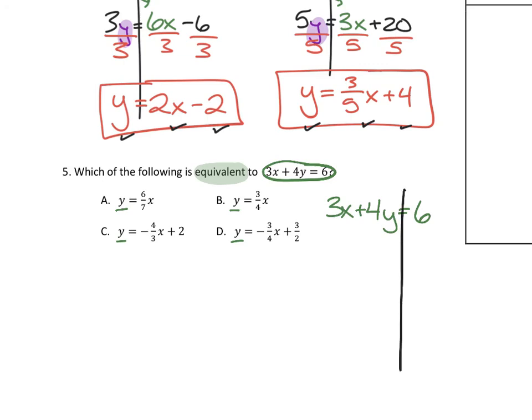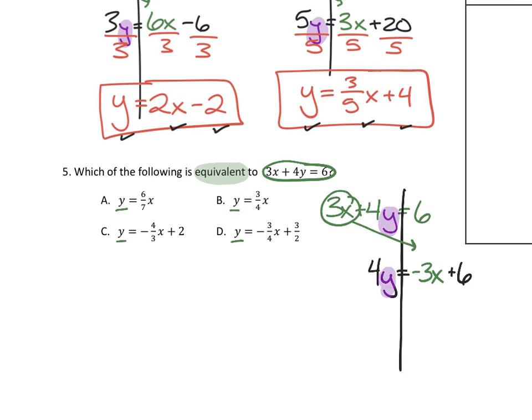We draw a line down the center of the equal sign, and we're going to solve for y. That means the first term, that 3x term, needs to cross the equal sign. We'd be left with positive 4y equal to that opposite, negative 3x, and a positive 6.